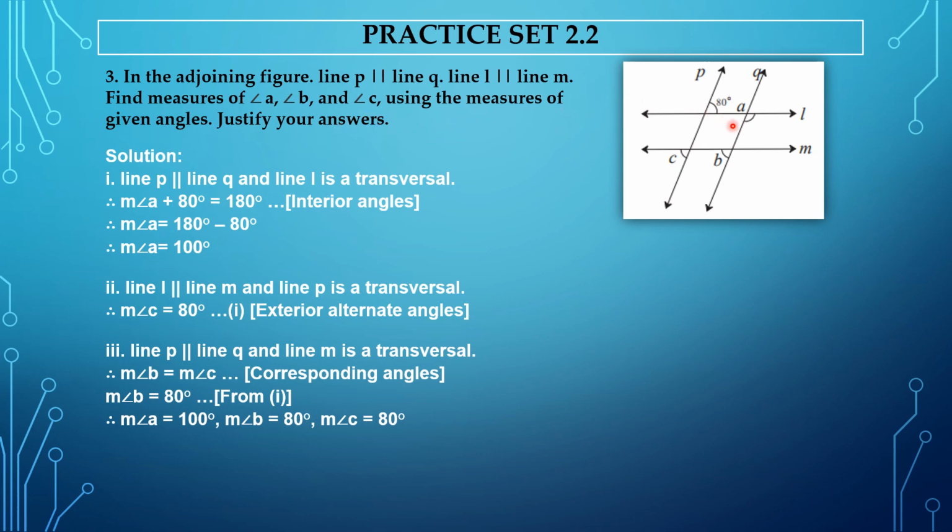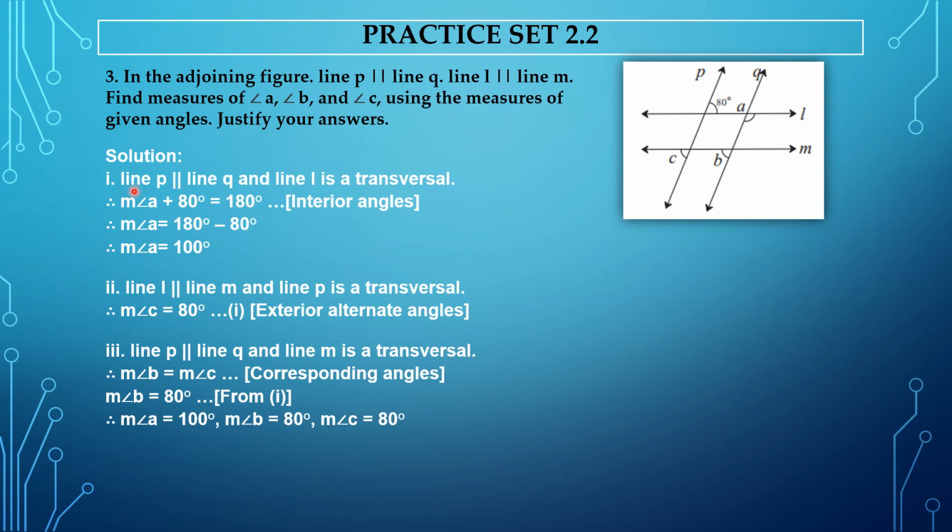Now students, there are two parallel lines here, line L parallel to line M and line P parallel to line Q. You can see the figure and some measurements are given also. This is here, it is given 80 degrees and here you have to find angle A, angle B and angle C. Now let's move to the solution part.